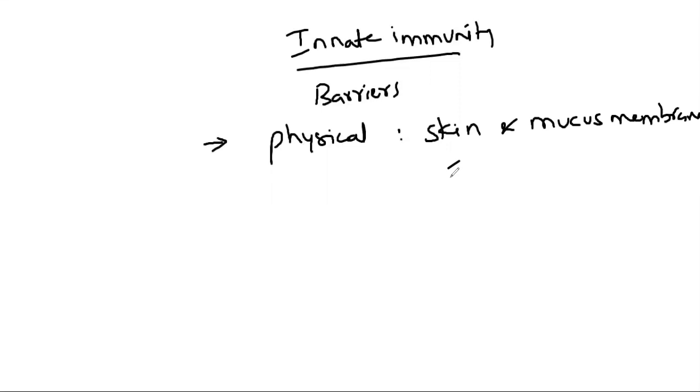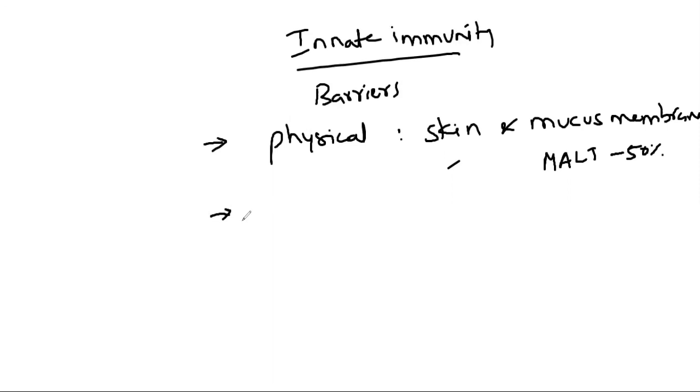Suppose the pathogen tries to move through the nose or mouth or through the anal route, whatever it may be, the mucous membrane consists of the immune components, what we call MALT, mucosa associated lymphoid tissue, whose percentage is nearly 50% of the total lymphoid tissue. And this mucous membrane can trap the pathogens and try to destroy them. So the physical barriers are skin and mucous membrane.